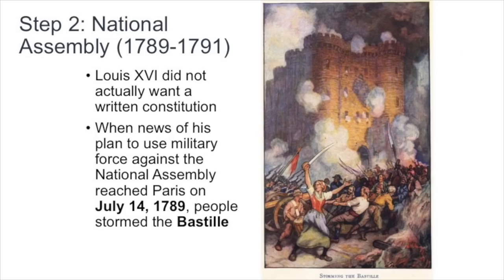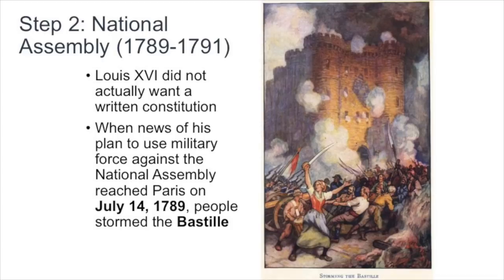Now, Louis did not actually want the constitution written, and because he did not want the constitution to be written, rumors began to crop up that he was going to use military force to bring down the National Assembly and to attack Paris.